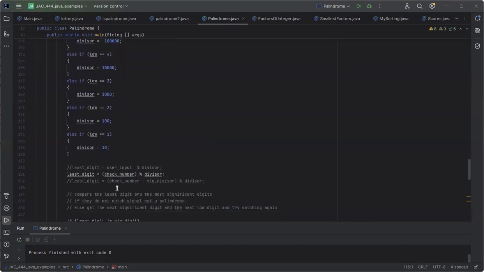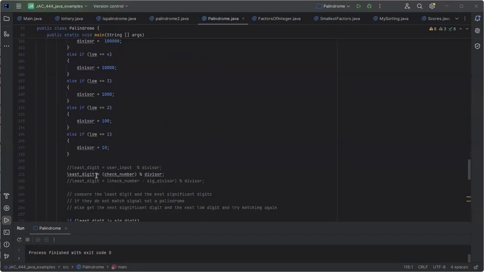But the thing is, we take the original number, 9876, and we divide by this divisor here for the lower number, but we only get the remainder because we're looking for the least significant digit. So we get the remainder, right? When we do that, we get the least significant digit.